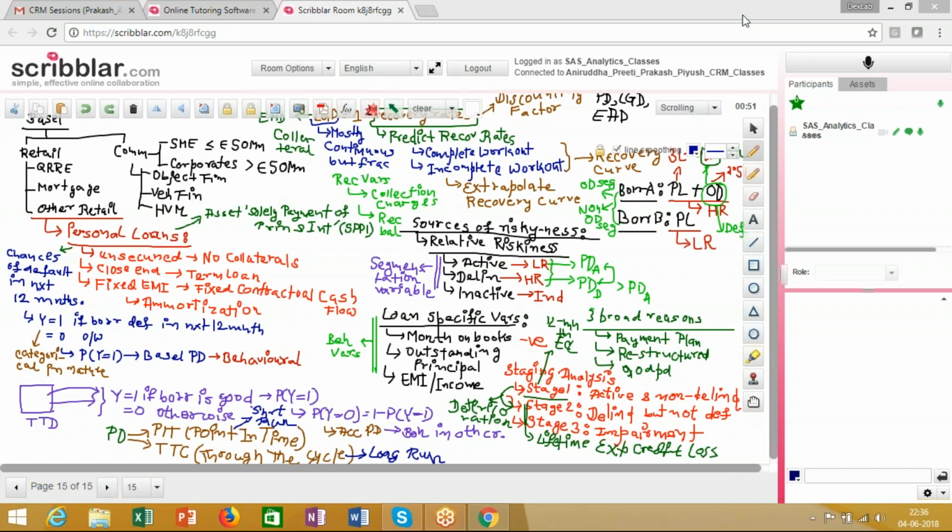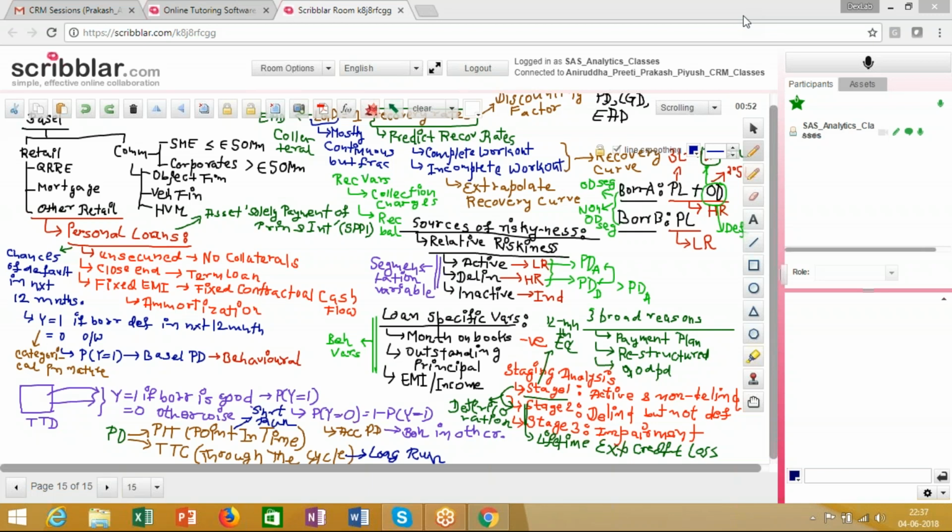But the problem is that for most of the retail portfolios, most of the variables that we have are point in time. The PD that we are estimating over the entire period of time, we use a business cycle and all, right?